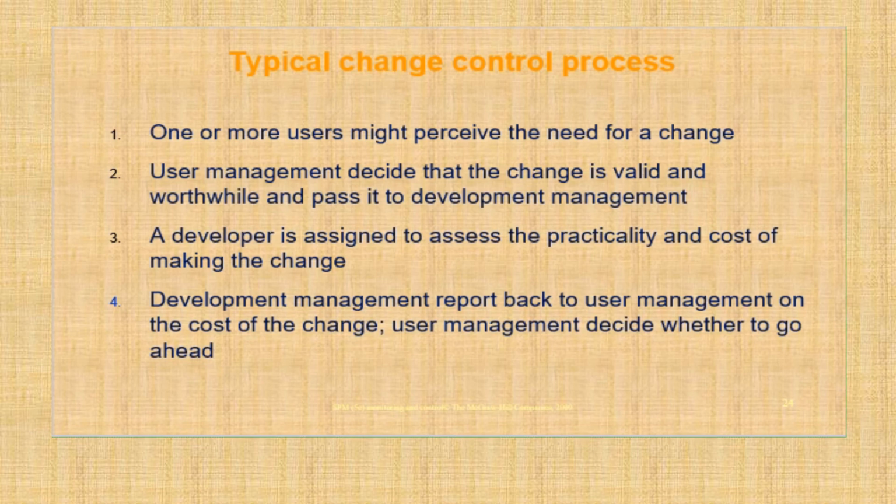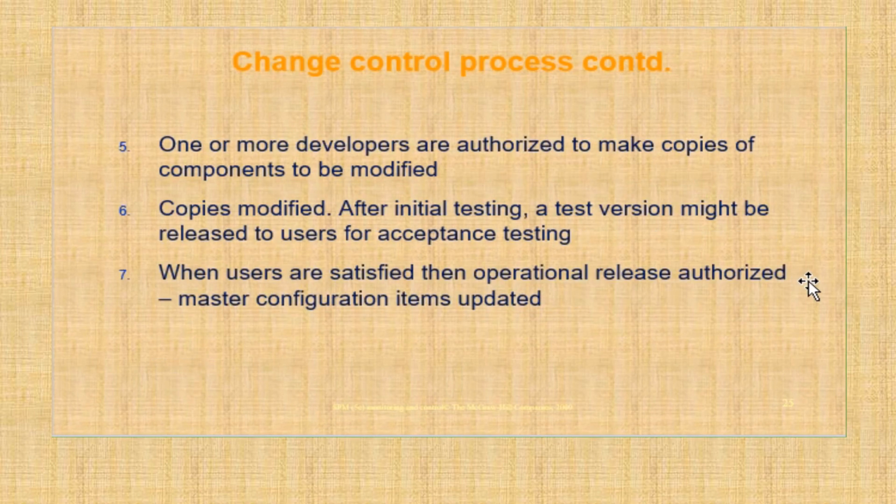The fourth point is development management. They take control of the change as a board, and the developers present the changes the users suggested, with different types of decisions on how this can be reflected.